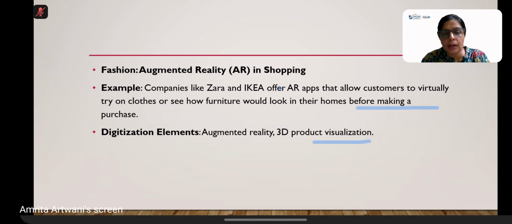On IKEA, you can see how a particular piece of furniture will look at your home. You click the picture of the room where you want to put this furniture, and they will give you an image that वो कैसा लगेगा आपके घर पर. Zara gives an option of trying clothes on you, how that cloth will look on you. So they have these augmented reality 3D product visualization concepts installed in their apps.